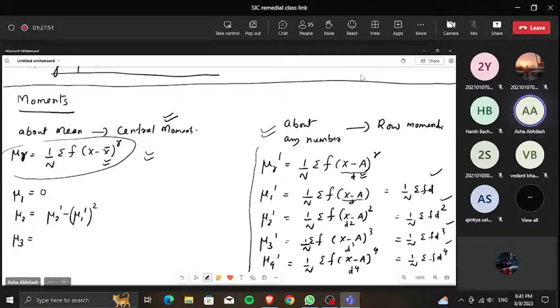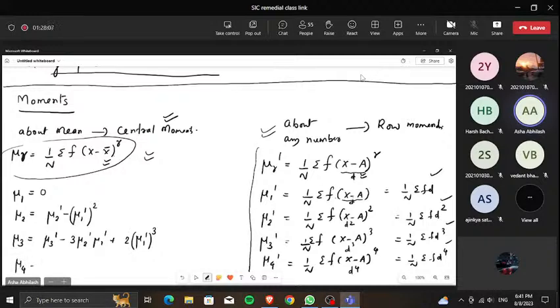So mu3 is equal to mu3 dash minus 3 mu2 dash mu1 dash plus 2 mu1 dash whole cube.